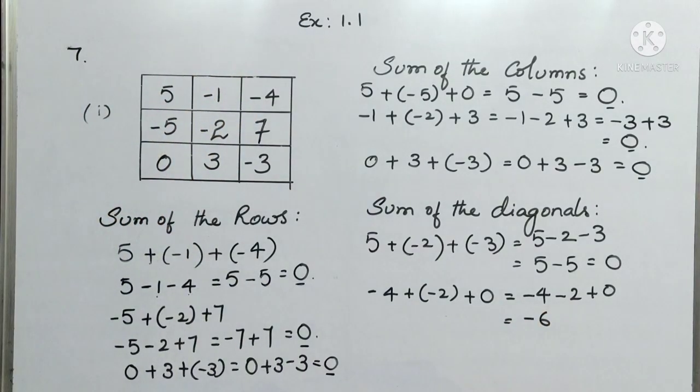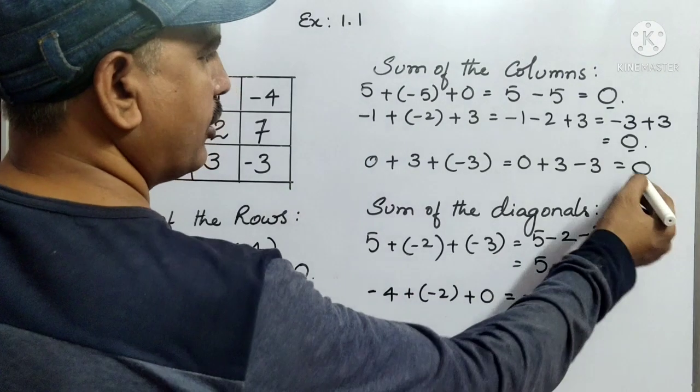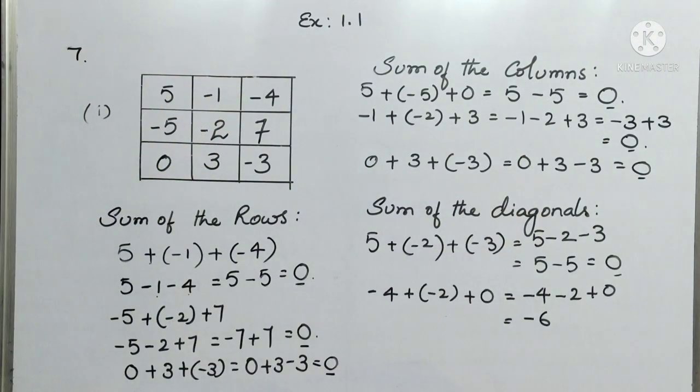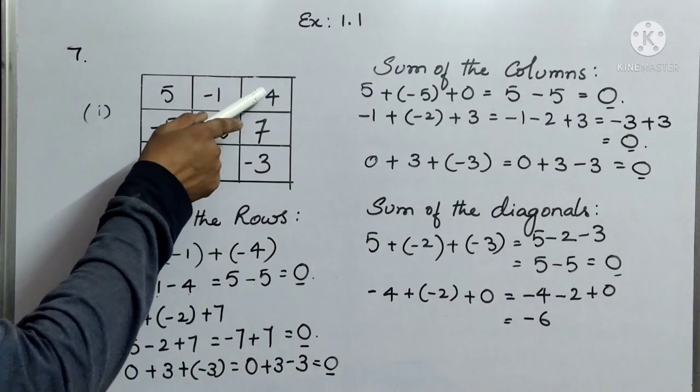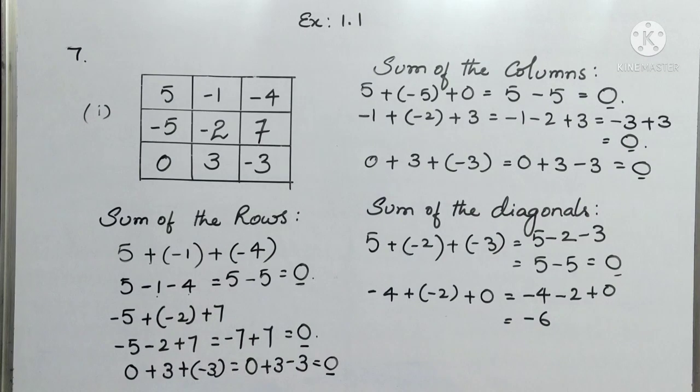So what happened? Up to here every solution is 0. But at the end, when you are adding this diagonal, minus 4 minus 2 0, you did not get 0, you got minus 6. So what do we have to write now?